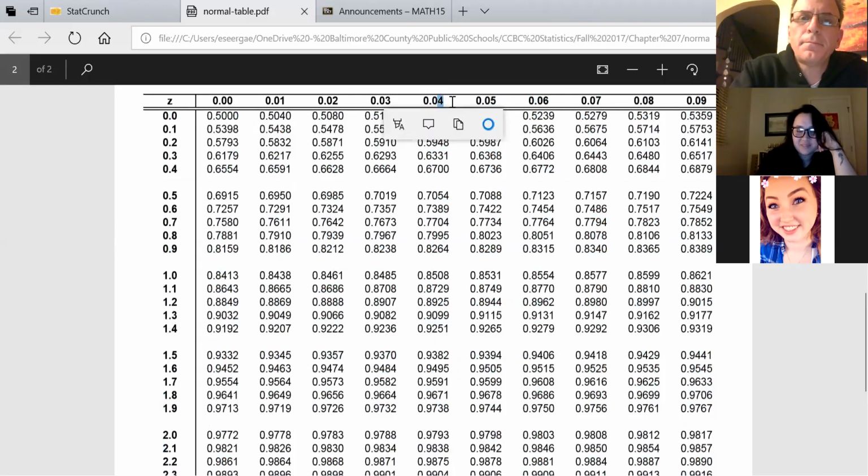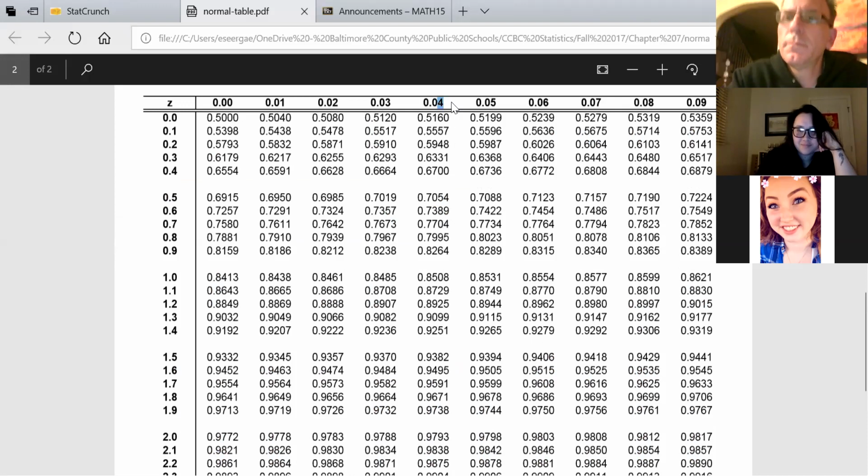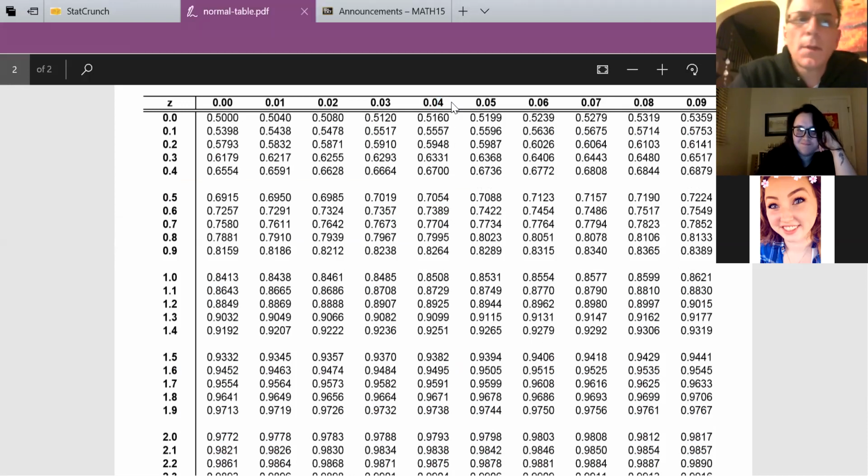We're going to find the intersection of the two. We can see that it's right there. Okay, I'm going to write down that 0.8729 in a second. I'll go back to my paper and do that in a second.